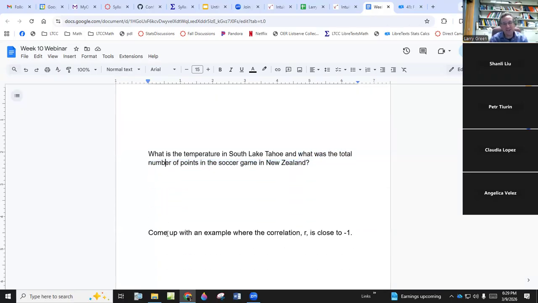Okay, so now the third question, let's see if you can answer. Come up with an example: two survey questions, or two measurements, where the correlation is close to -1. There are a lot of examples.